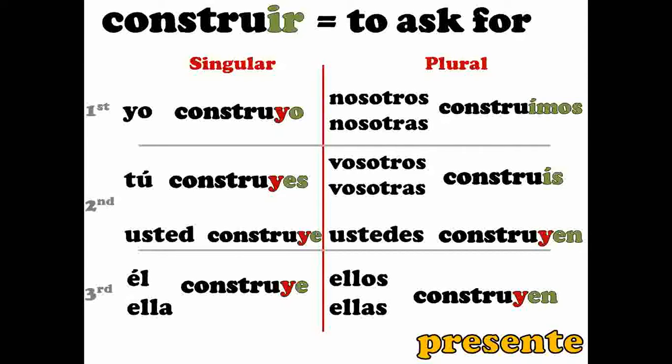So how would you say they construct, they build? It's not to ask for. That makes this very clear. That's what happens when you copy slides. So to ask for, it is not to ask for.